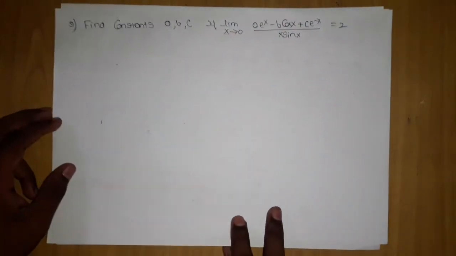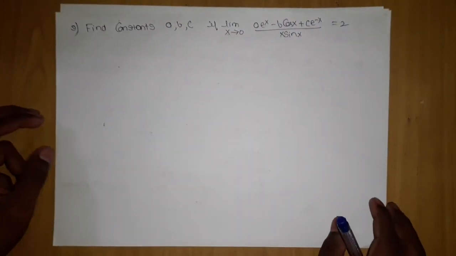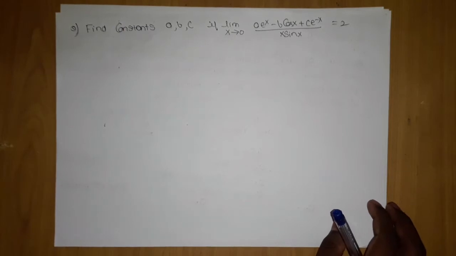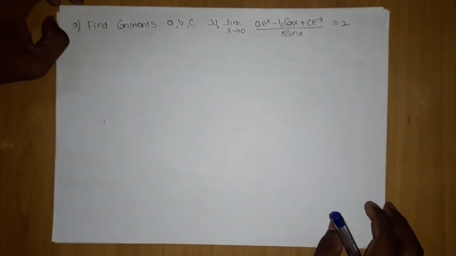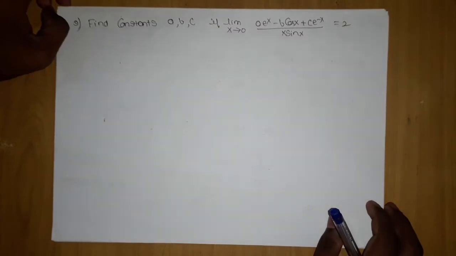The first question which we are going to see is as follows. Find the constants a, b, c if the limit as x tends to 0 of a e power x minus b cos x plus c e power minus x, the whole upon x sin x equals 2.